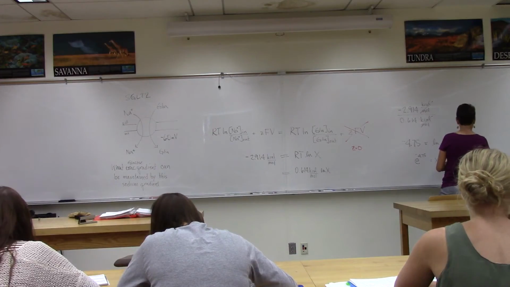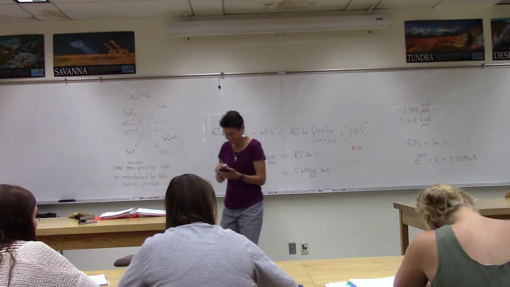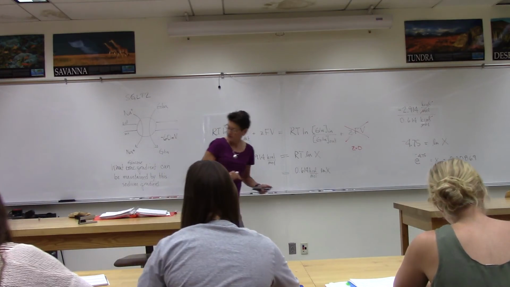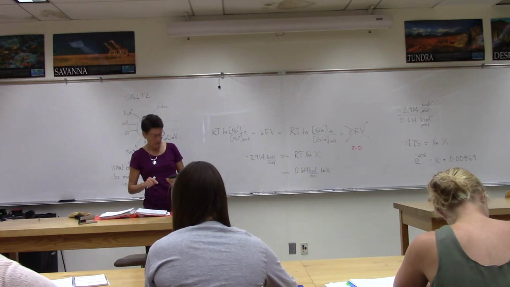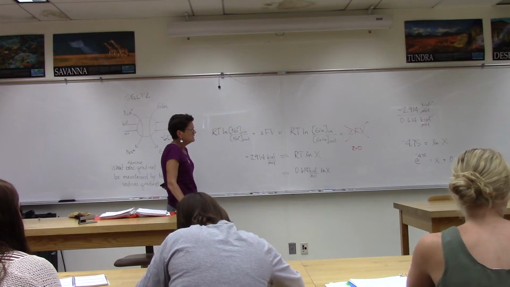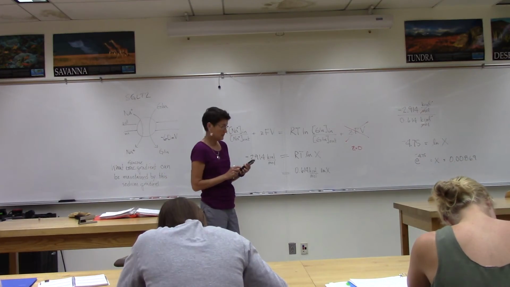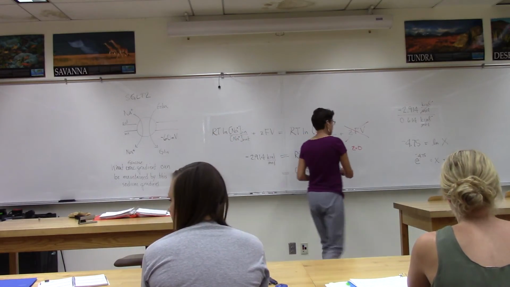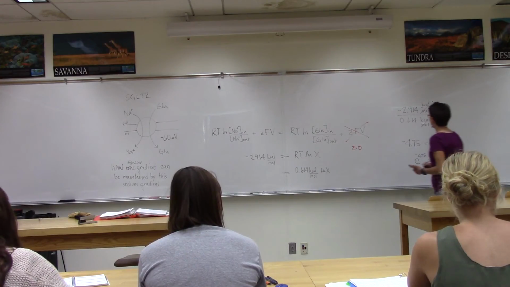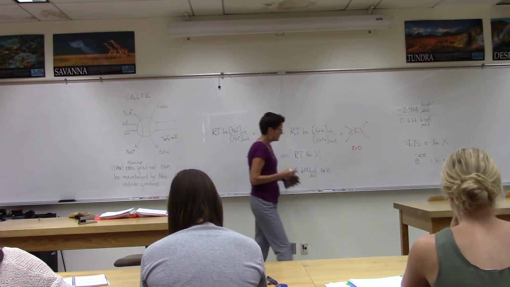Now if I take the inverse of that, I have... 0.00865. Oh, okay, it doesn't make a difference, but you have to do that before. Did I do this all right? Yeah.